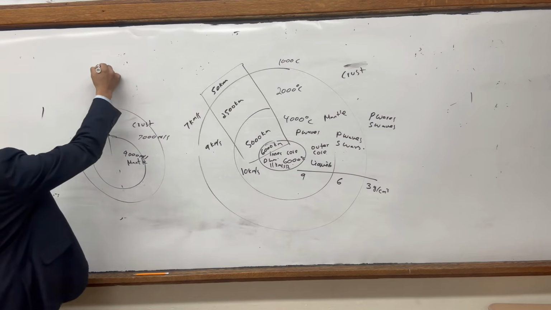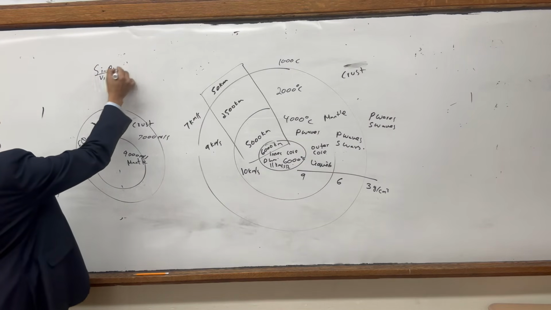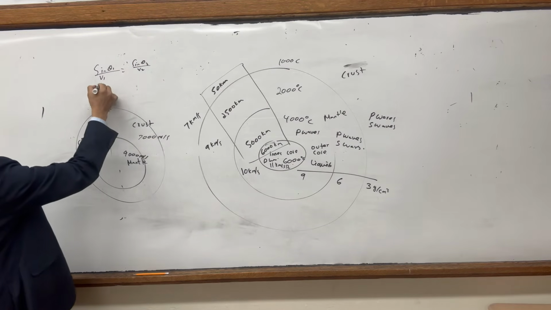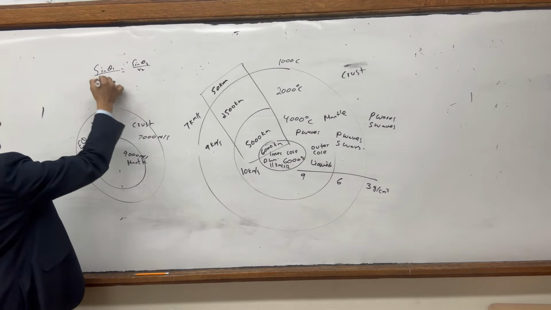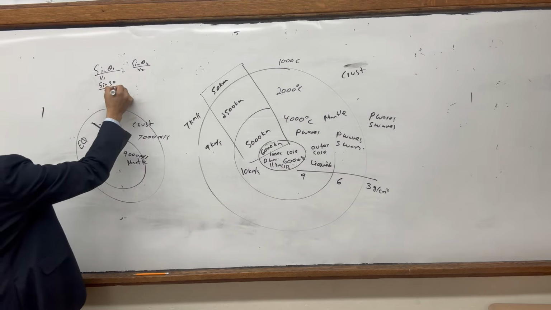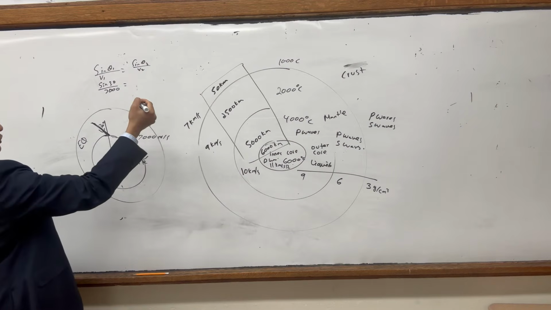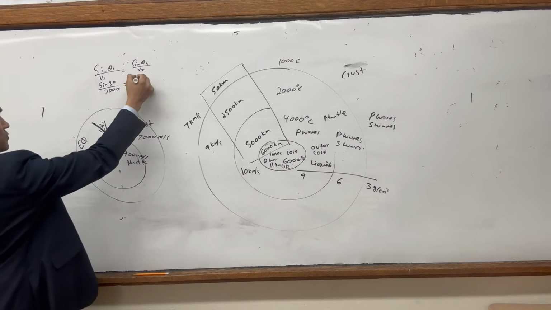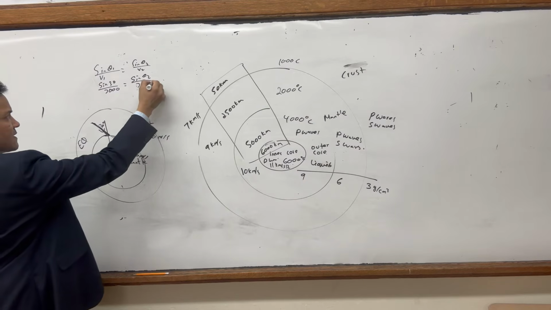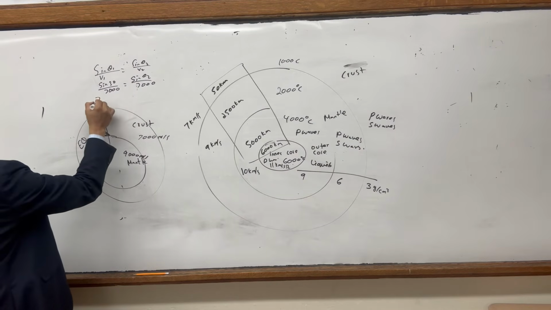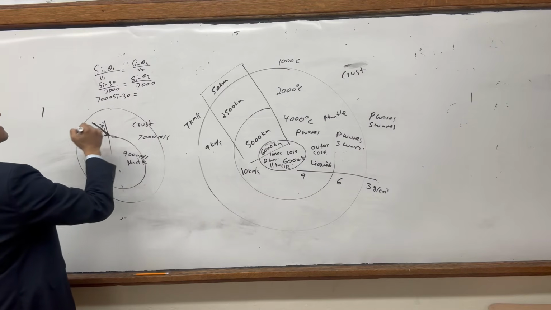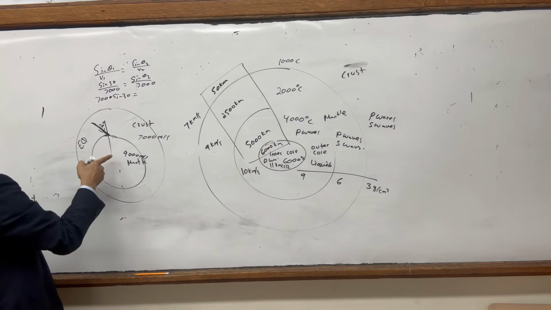Sine theta 1 over velocity 1 is equal to sine theta 2 over velocity 2. So sine 30 over 7,000 is equal to sine theta 2 over 9,000.